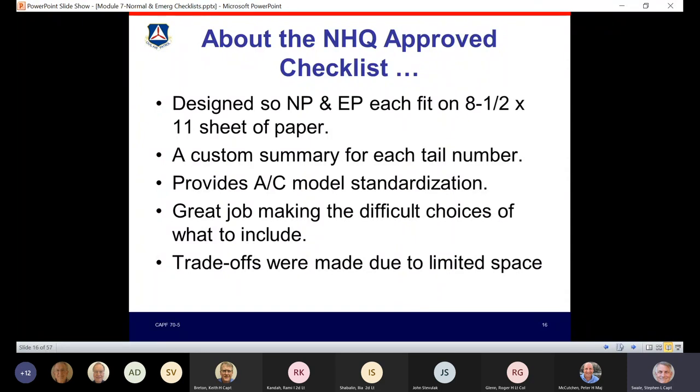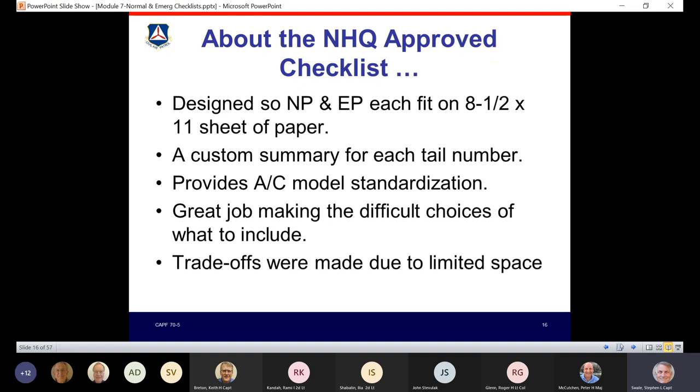They were column inch limited, and it was kind of like Solomon choosing exactly which information made it to the checklist and which stuff wouldn't. That's something I wasn't quite aware of, but it became clear to me when I read the controlling documents a little bit more carefully.